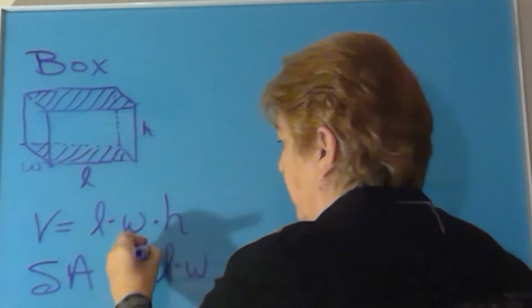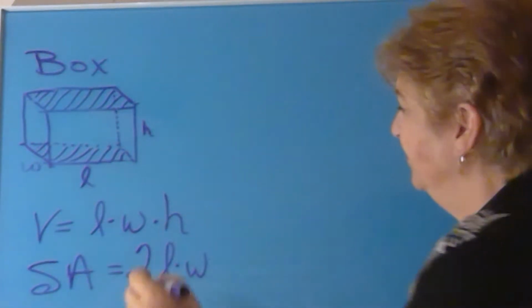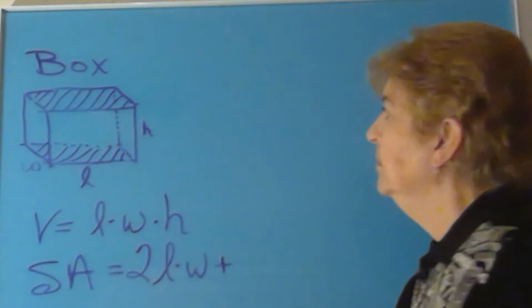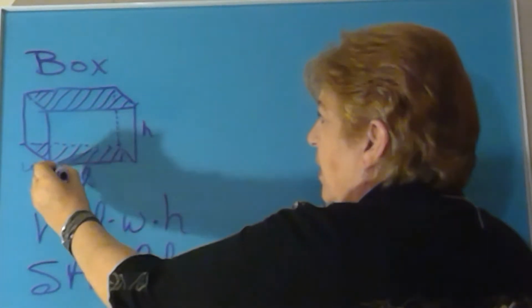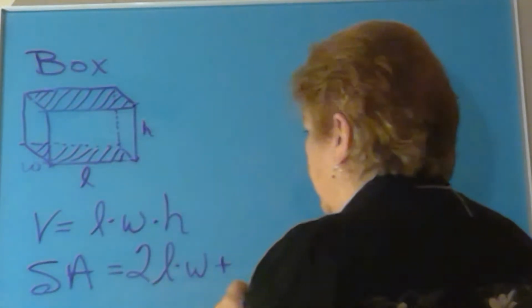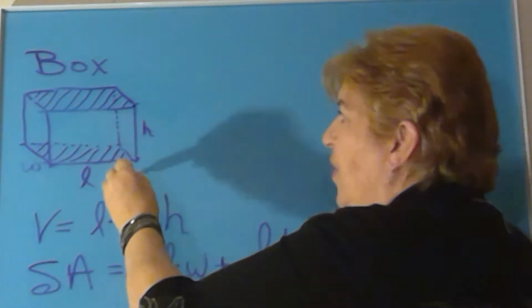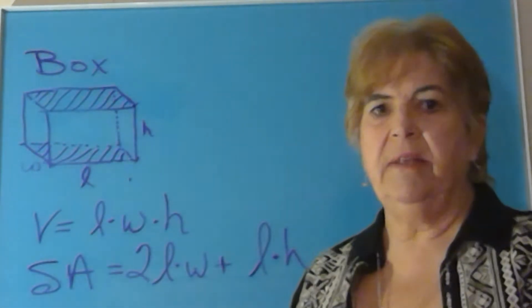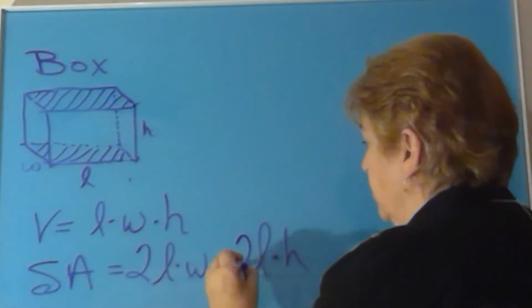So there's 2 of those. The front of the box is length times height. But the front of the box and the back of the box are going to be the same. So there's 2 of those.